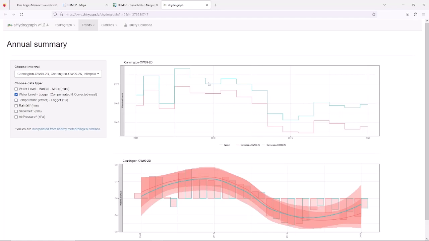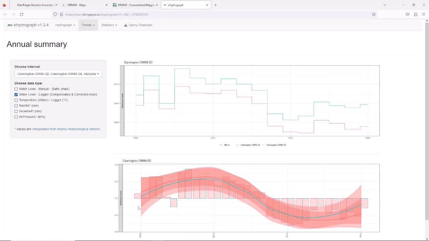So you can see this trend where there's a plateau up here around 257 meters above sea level, and it's dropped down to 256.5. So it's about a half a meter drop where things have stayed since about 2014 in both the shallow and the deep, based on annual averages.